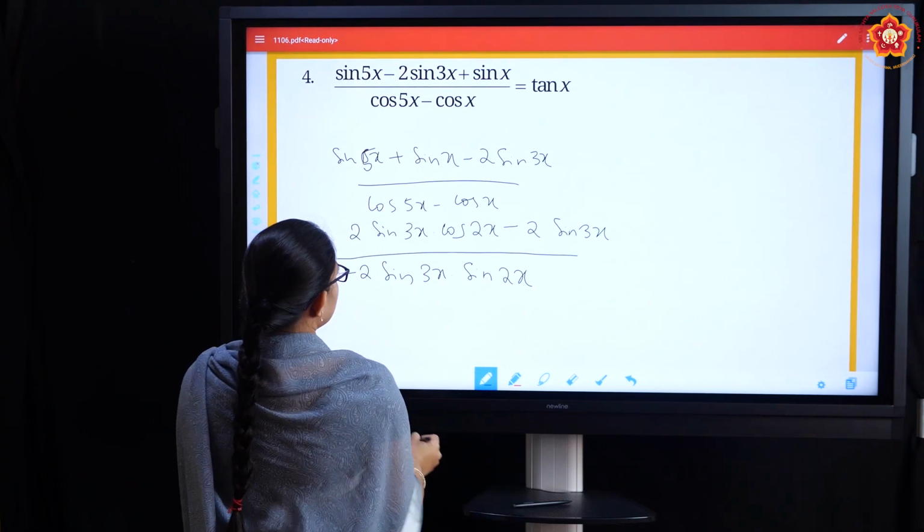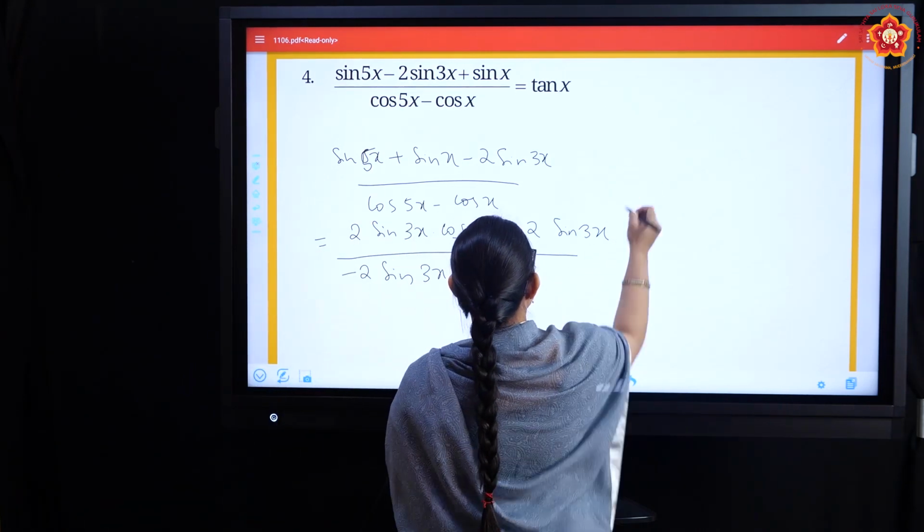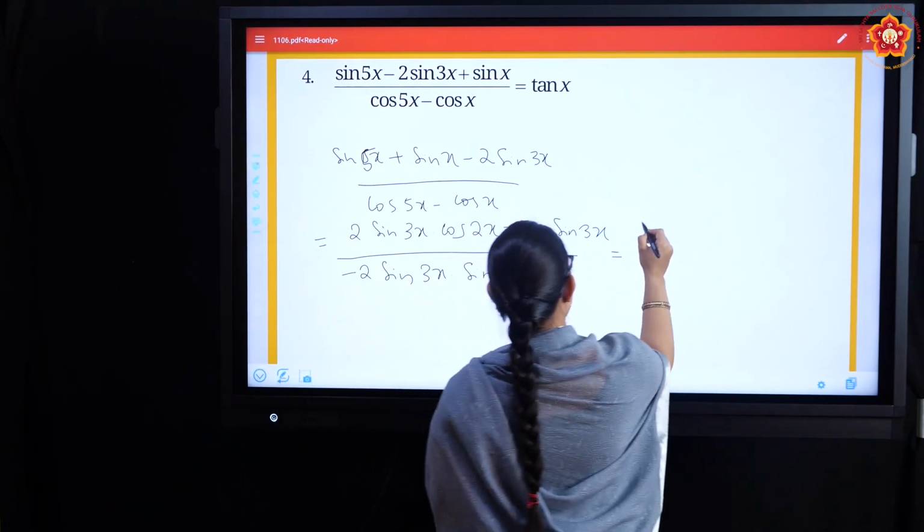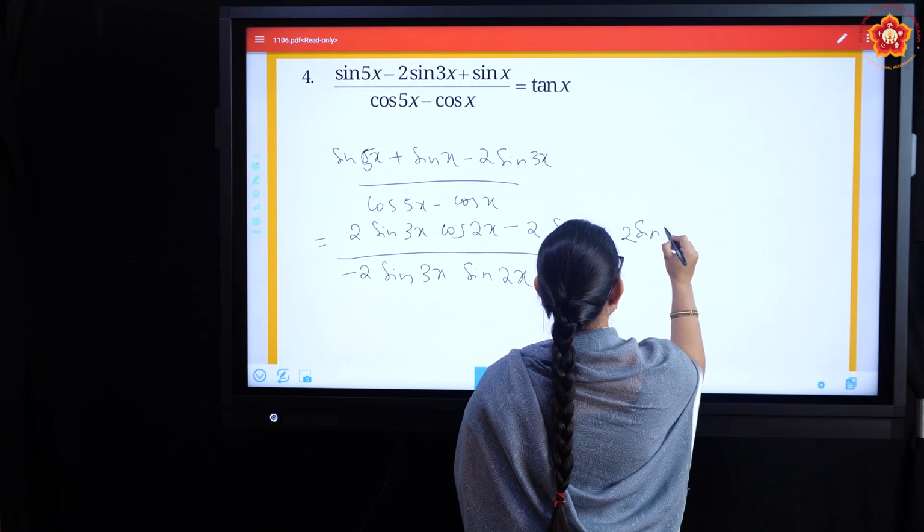In the numerator we can take 2 sin 3x common.